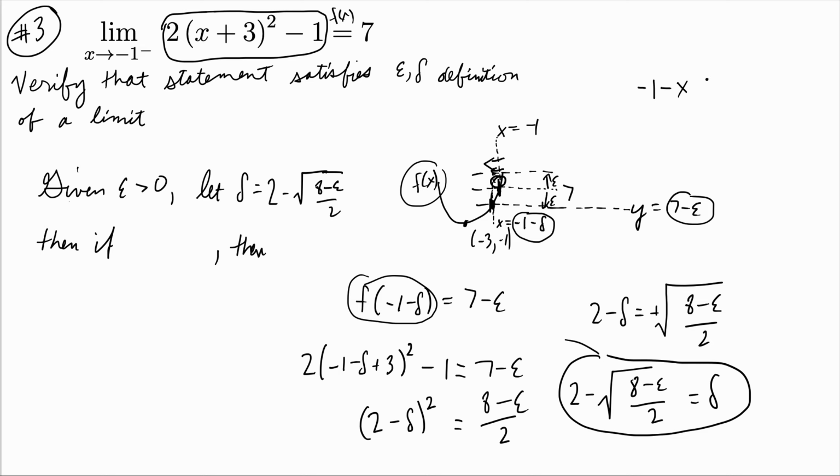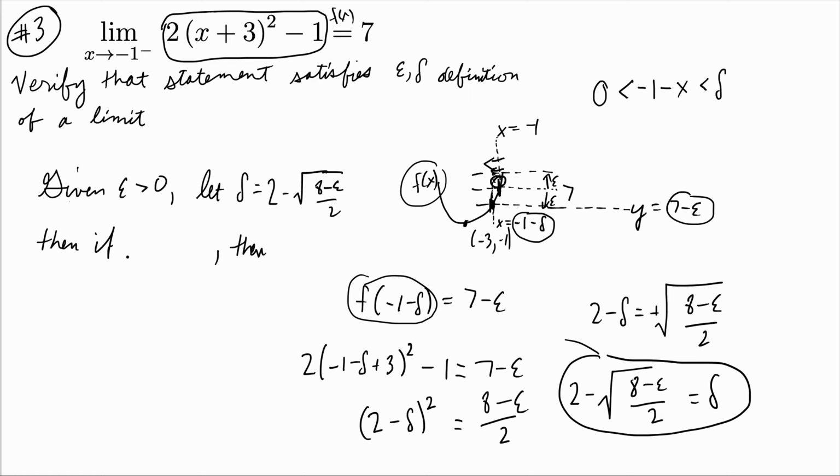We want that positive distance to relate to the positive distance of delta. We always exclude the case when x will be actually equal to -1 itself. So then we just have 0. So that's the condition for being in there.